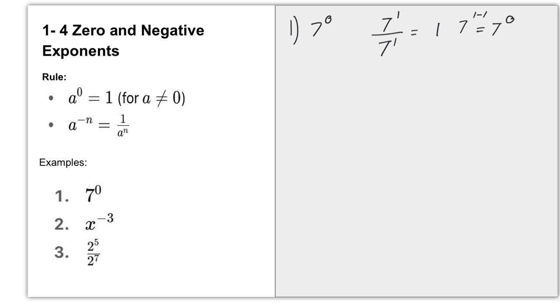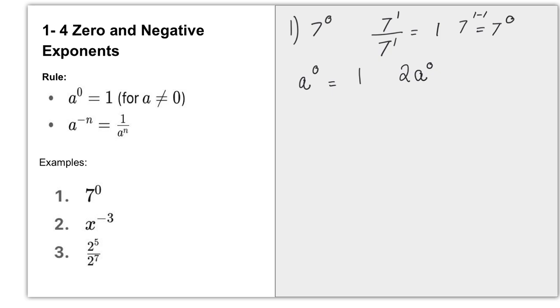Let's go ahead and do a few examples. So let's say I say a raised to the 0 power. Even though we don't know what a is, we know for sure it's going to equal 1, right? And what if I say, here's the confusing part, 2a raised to the 0 power. Now here's the important part. When we talk about the exponents that are next to a number or a variable, that's where they belong.